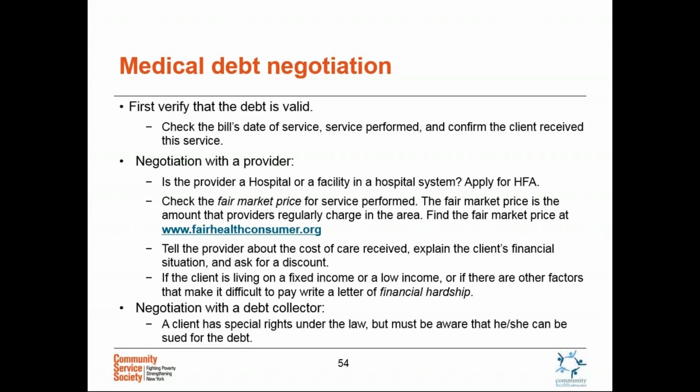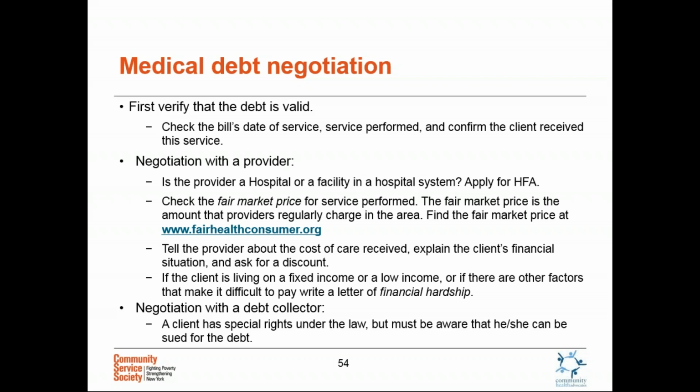You should tell the provider about the cost of the care and explain the client's financial situation and just ask for a discount. Many providers are very familiar with negotiating. You won't be the first one to try it, so sometimes you just have to ask.